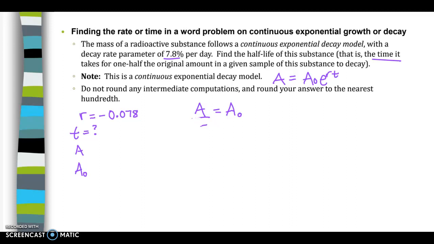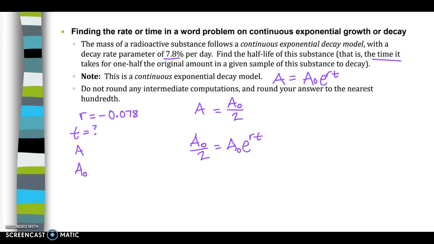Sorry, I wrote that backwards. Our resulting amount, A, is half of our original amount. That's the definition of half-life. So I can rewrite this equation as A naught divided by 2 equals A naught times e to the RT.